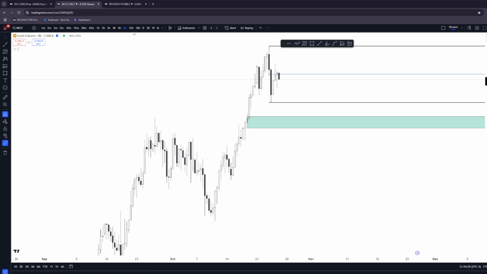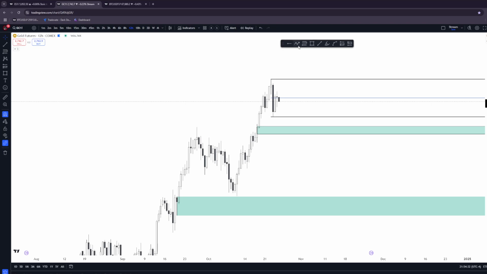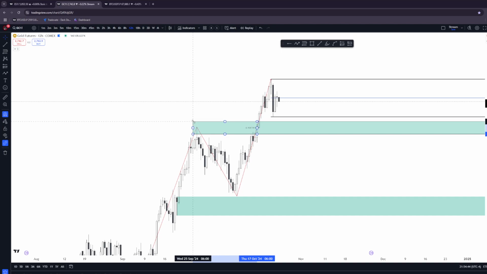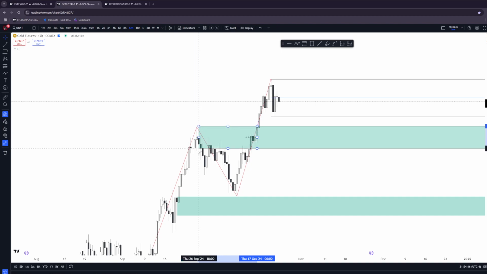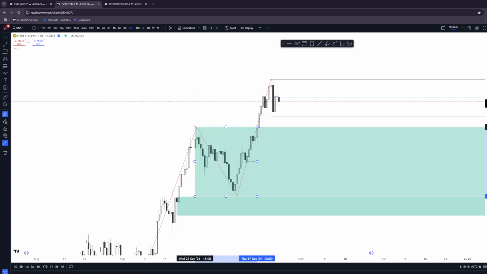I mean, actually what I'll do is that since I know my structure is this high, low, and then high again, and then I know all this is currently supply, technically, I could just use this supply range right here.